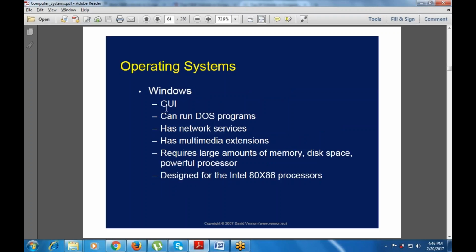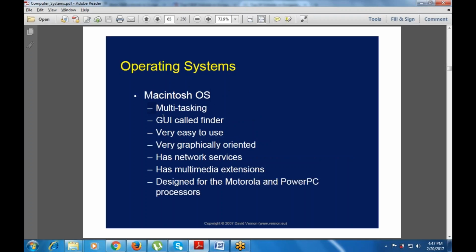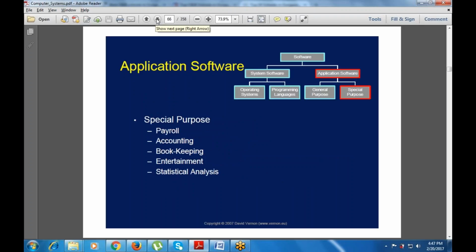Windows is again a GUI that can run programs that have network services, has multimedia extensions, and requires a large amount of memory, display, and a powerful processor. Then Macintosh, multitasking, GUI Finder, very easy to use, graphically oriented, network services, multimedia extension, designed for the Motorola and PowerPC processors.